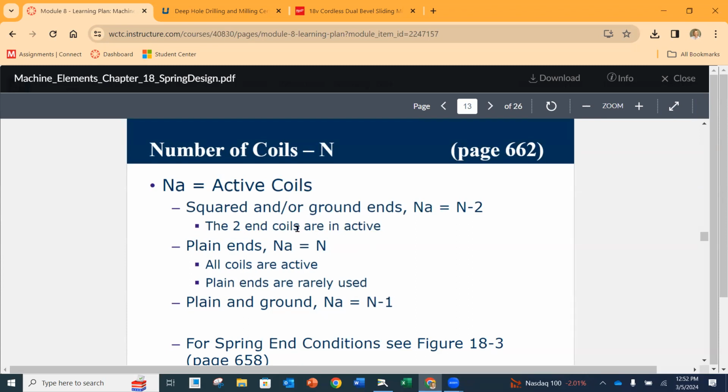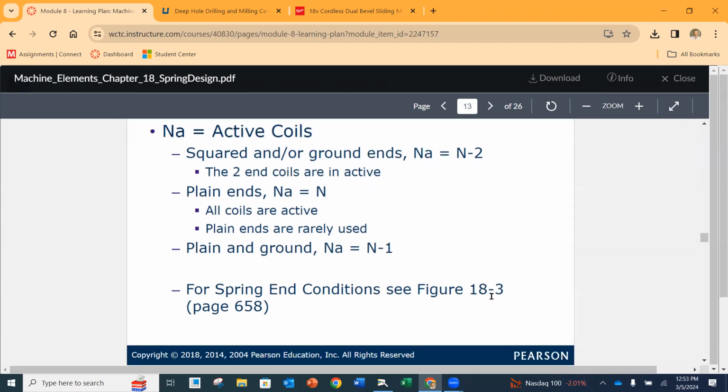Now, if we have squared and ground ends, we end up losing 2 of the total coils as active coils during operation. If we have plain ends, they're all available, but plain ends aren't used all that often. All of those coils are active for us. And if we have plain and ground ends, where we're not squaring off the ends, then we lose just 1 coil. So you have to know what situation you're in.